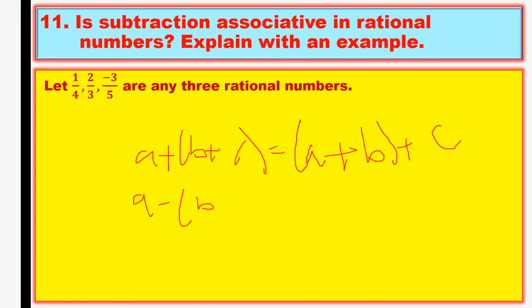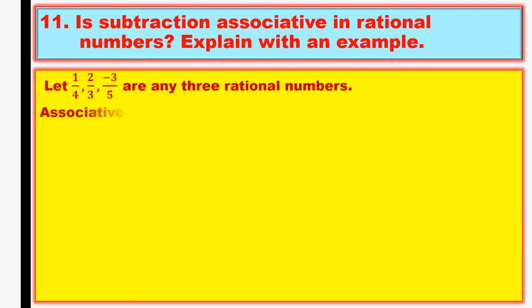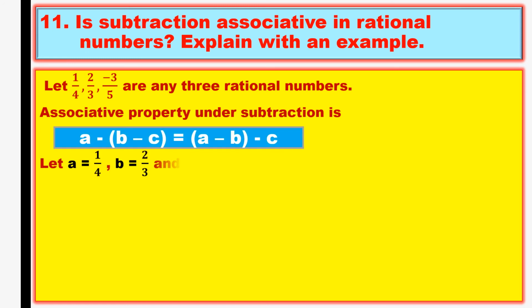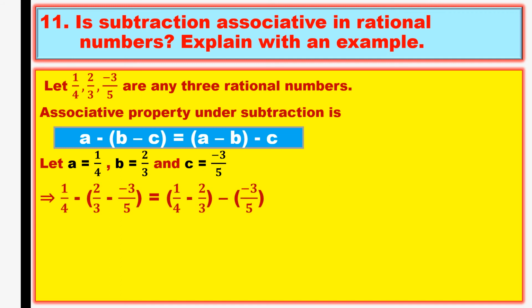For that I want three rational numbers, so I have taken three rational numbers here. Now I'll take the formula and I'll substitute. Instead of A, 1 by 4, instead of B, 2 by 3, instead of C, minus 3 by 5. So instead of A I put 1 by 4, B here, C here, and A, B, C.